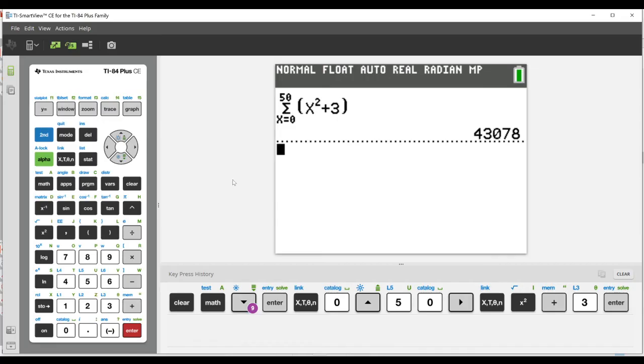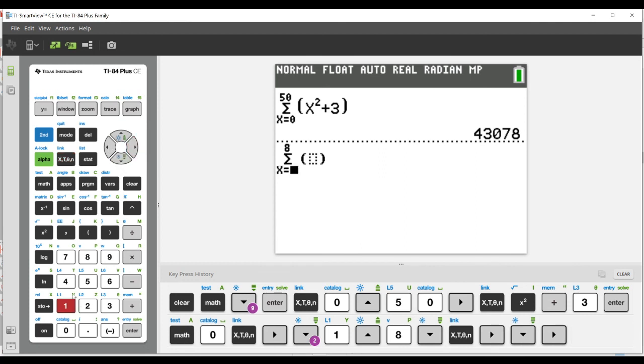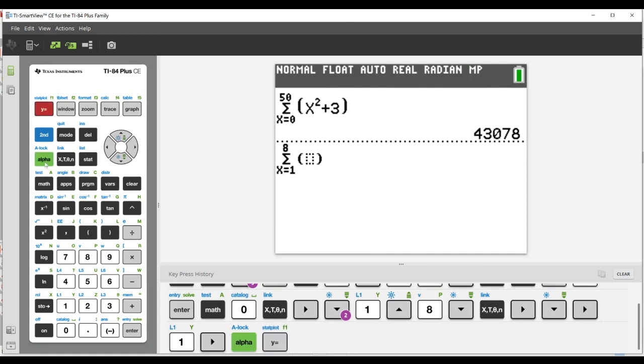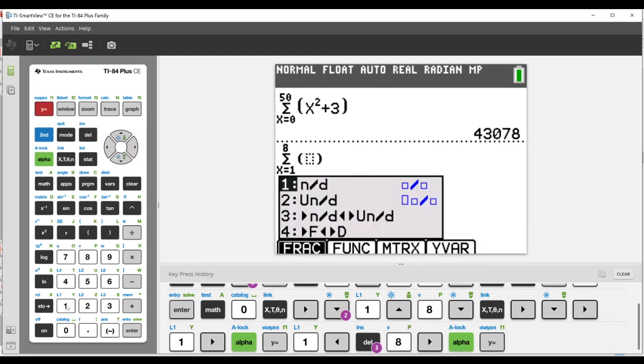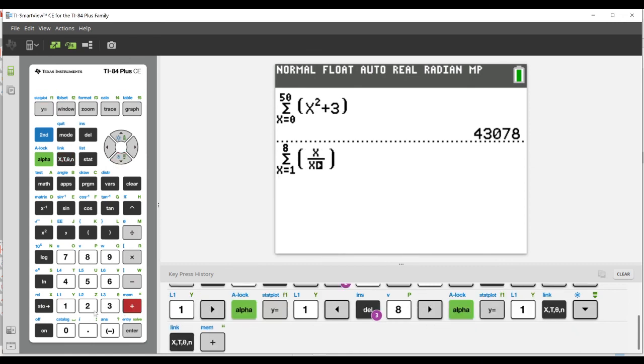So I would not have an issue with you jumping right to your calculator, hitting math, option 0. The sum from x equals 1 to 8. Then I'm going to hit the fraction button, and we have x over x plus 1.